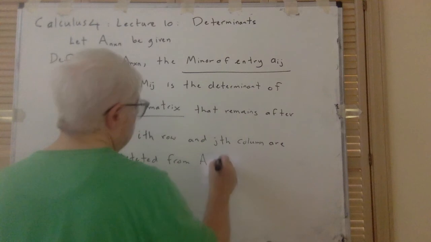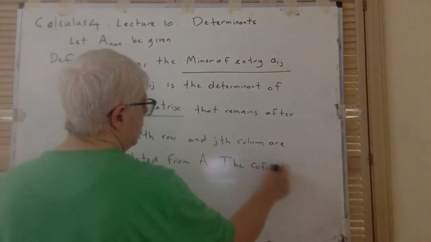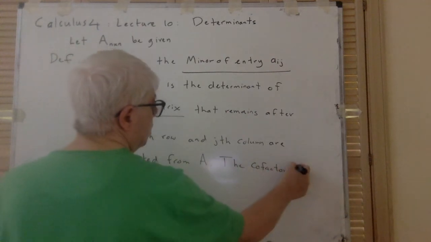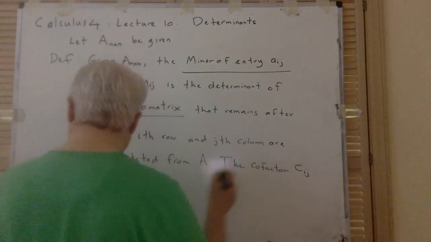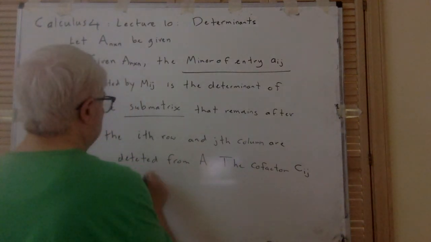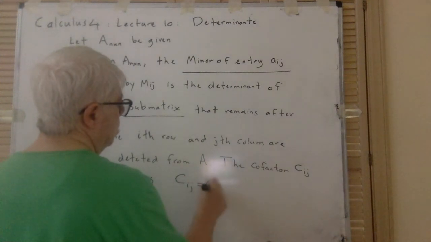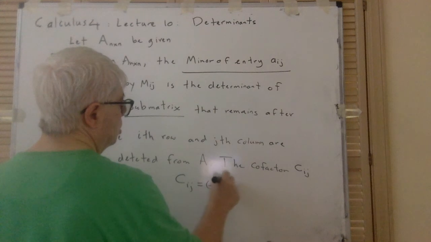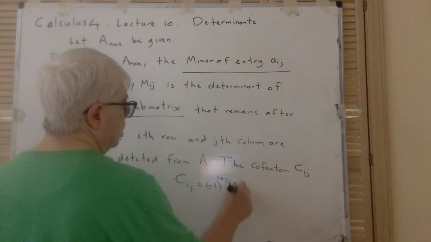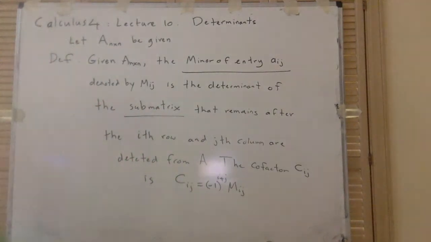The cofactor Cij is, in fact, negative 1 to the power i plus j times Mij.